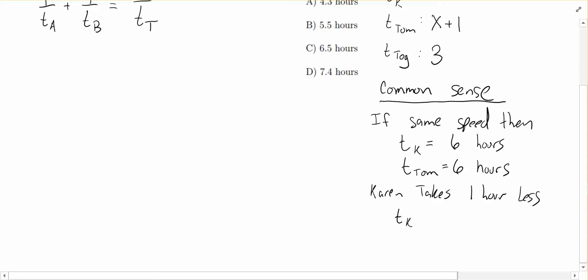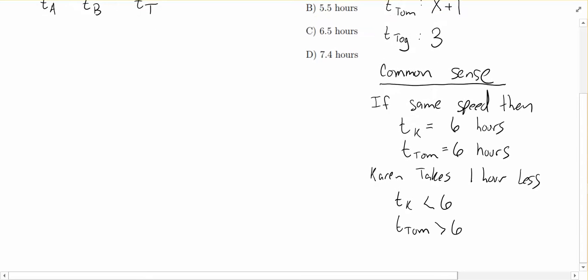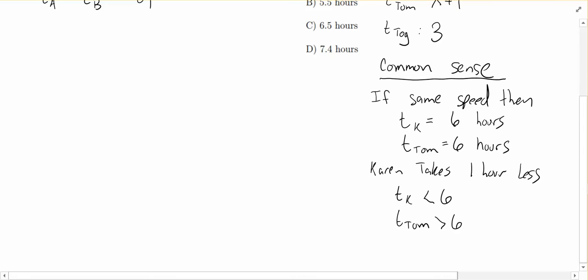So Karen's time alone should be less than 6, and Tom's time alone should be a little bit more than 6. But in order for that to happen, Tom's time alone also needs to be less than 7.